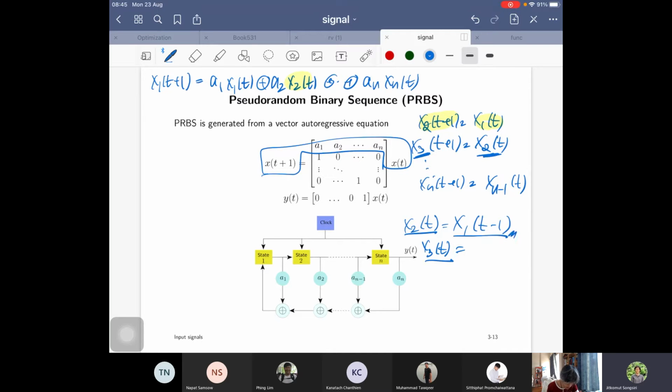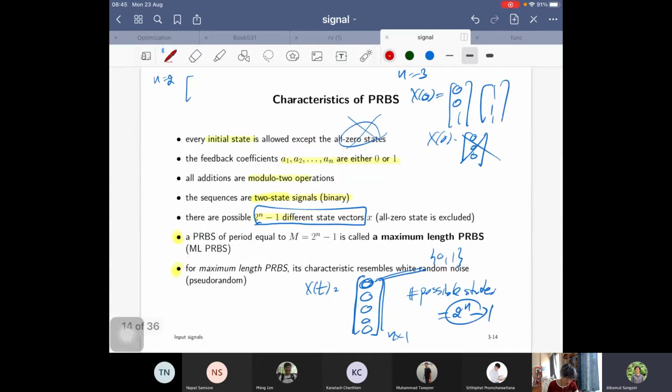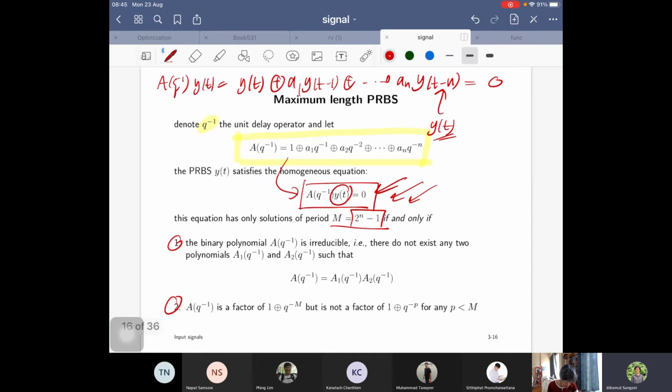Can you write x3 in terms of x1? x1 t minus 2. Yes, very good. So you do the same and plug it back into this equation, and you end up with this homogeneous equation. It's not hard, just review it yourself. Just plug it in and you will get this homogeneous equation.